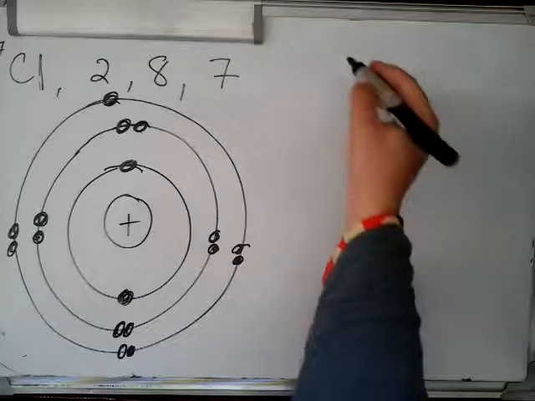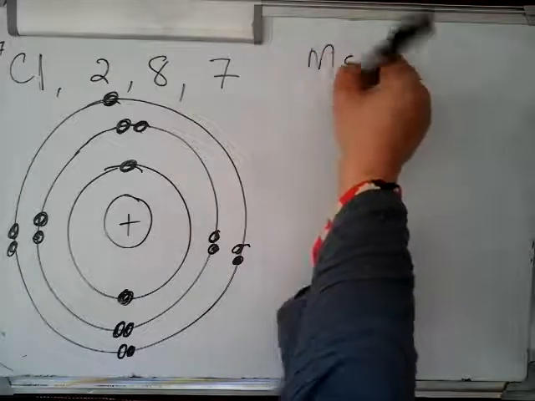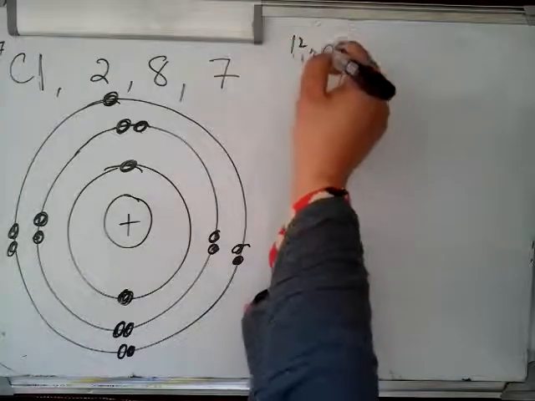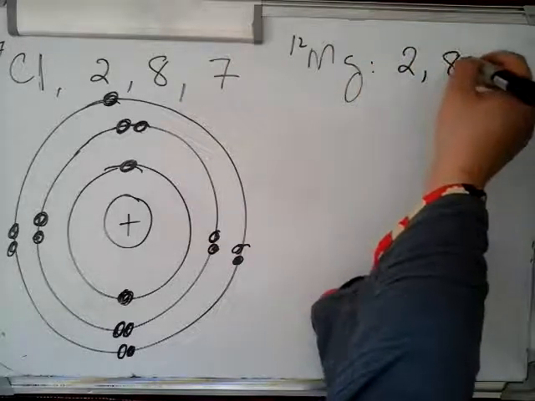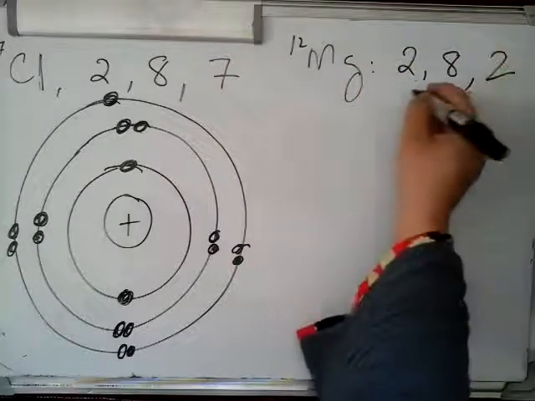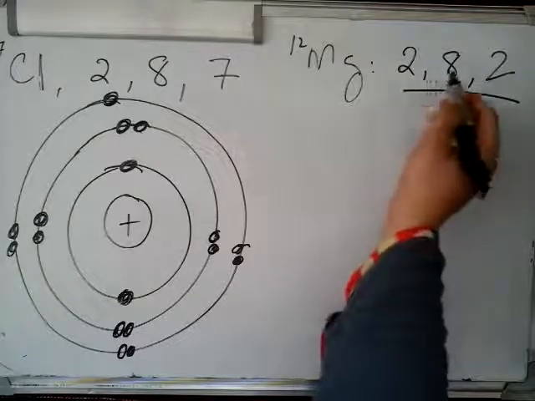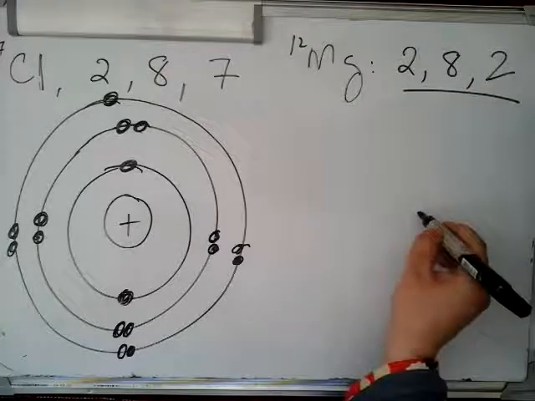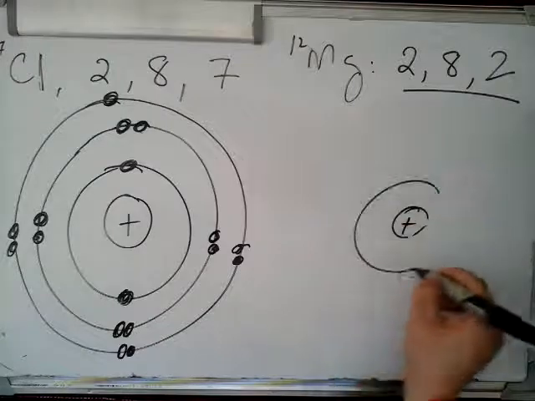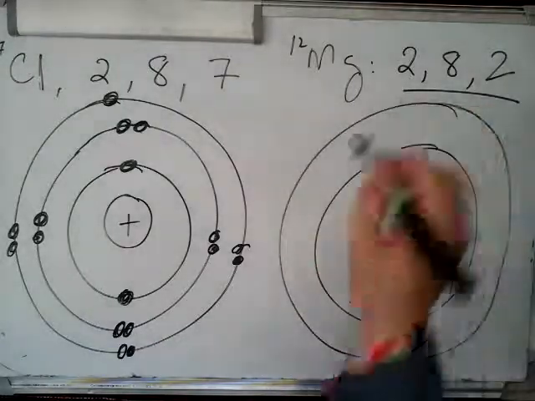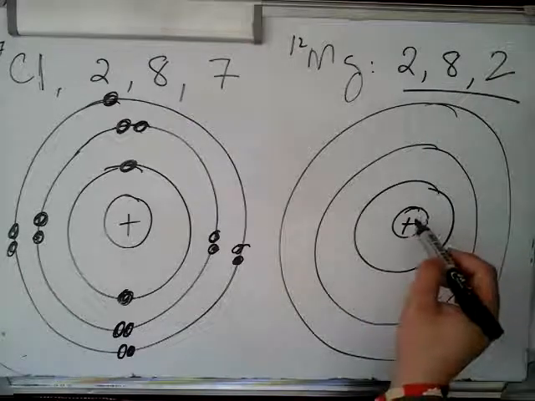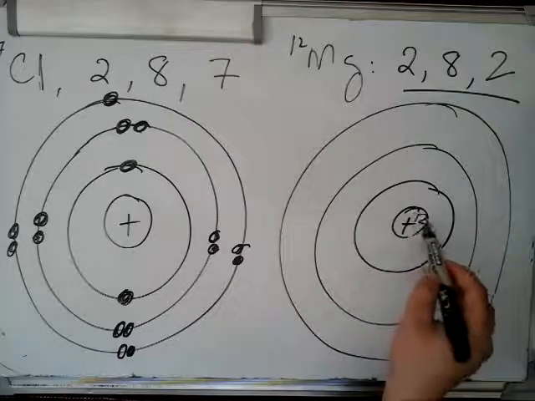In the same case, for example, magnesium atomic number is 12. So the electronic configuration will be 2, 8, 2. In the nucleus we know that 12 protons are there.